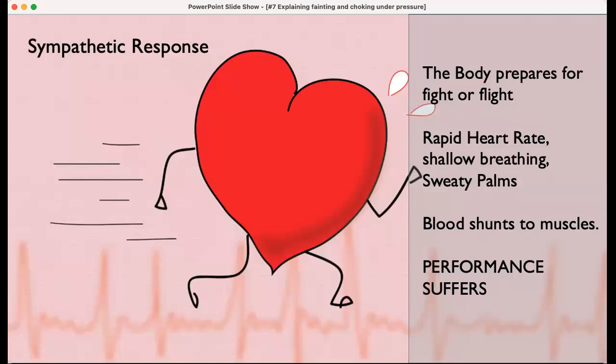So that is where the body is preparing for fight or flight. Get a rapid heart rate, shallow breathing, sweaty palms, and the blood is shunting to the muscles, preparing for fight or flight to protect you from harm. And what happens with that is your performance suffers.